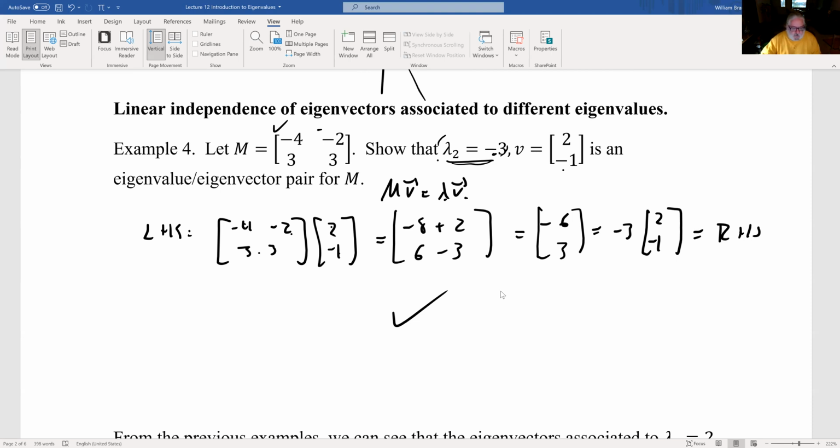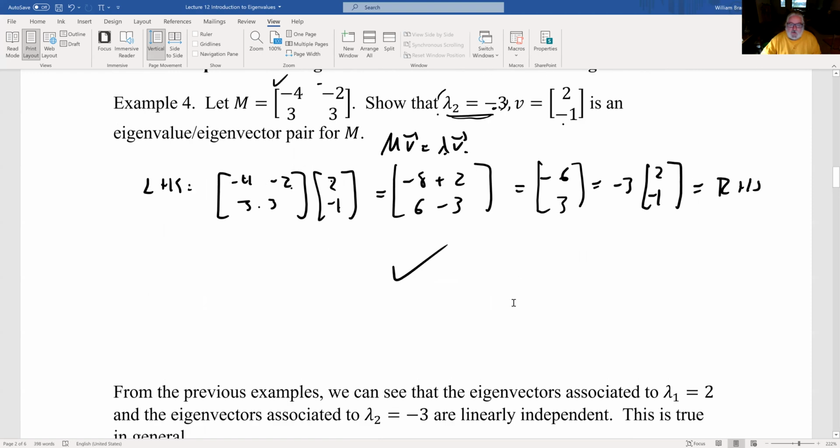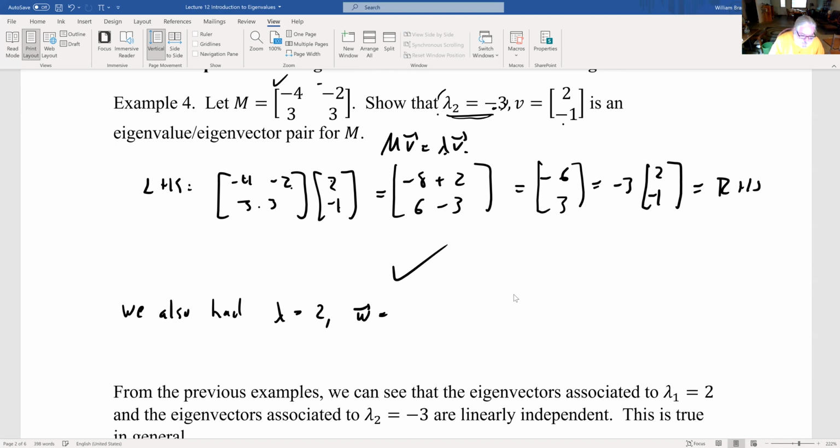One pair is lambda equals minus 3 with (2, -1), and the other pair that we had was lambda equals 2, and W above was (1, -3), right? So there's one eigenvalue-eigenvector pair for our matrix.